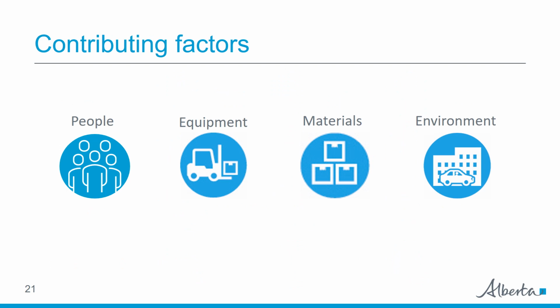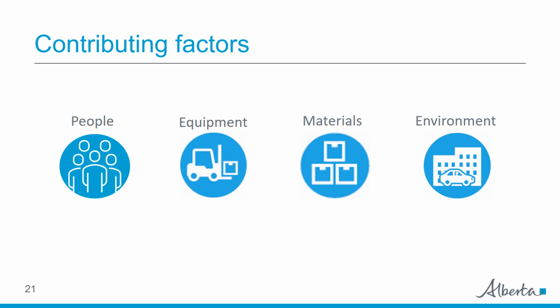When thinking about workplace hazards and how to eliminate or control them, also consider these 4 factors that contribute to how hazards impact a workplace and its workers. The people factor. For example, are they well trained and competent in performing their work? What motivates them, speed or quality? The equipment factor.